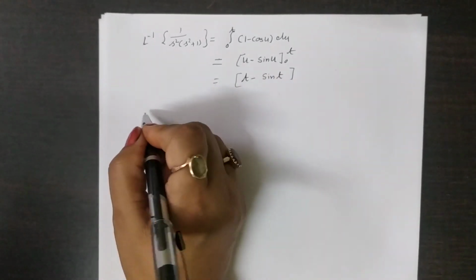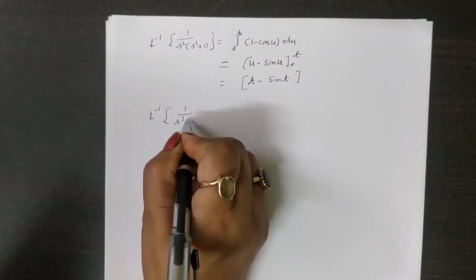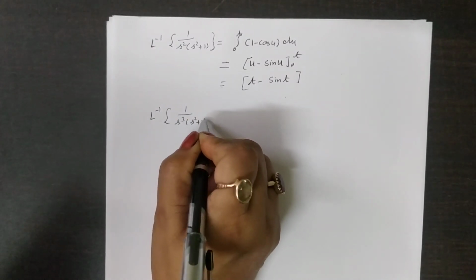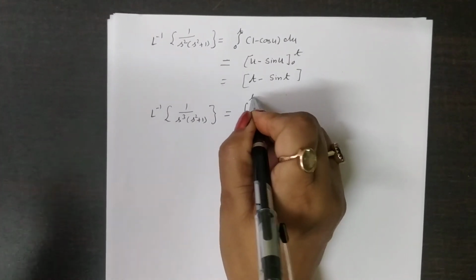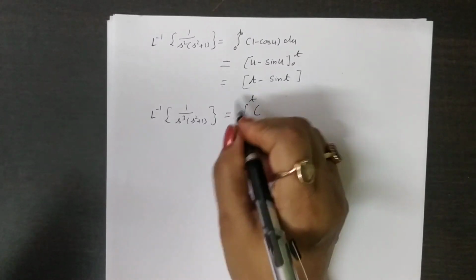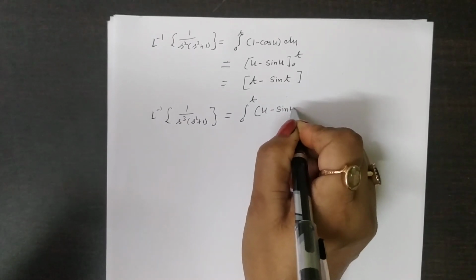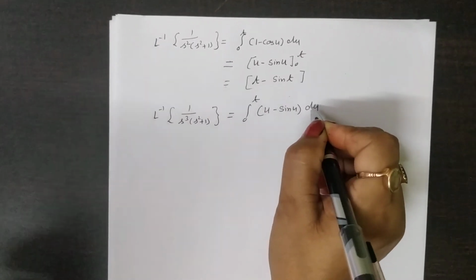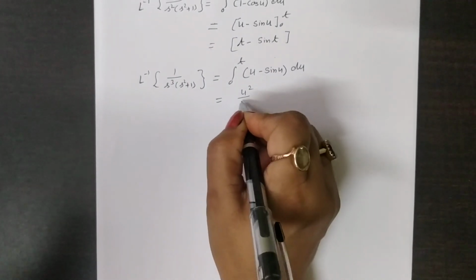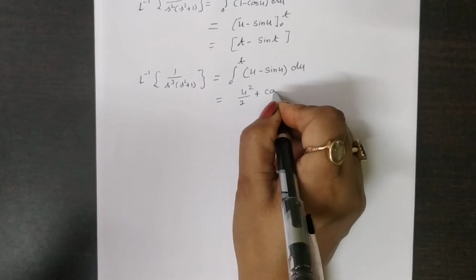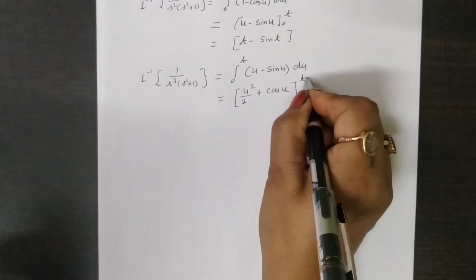And now again Laplace inverse of 1/(s³(s² + 1)), your question is this one. So again operating from 0 to t, in terms of f(u), that is the integral of (u minus sin u) du.